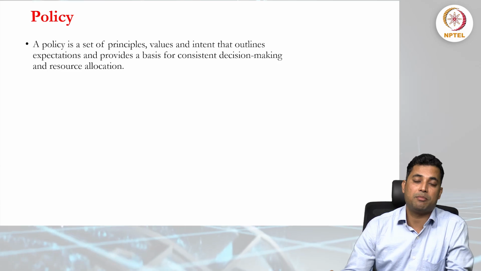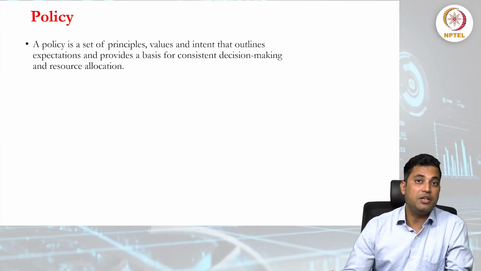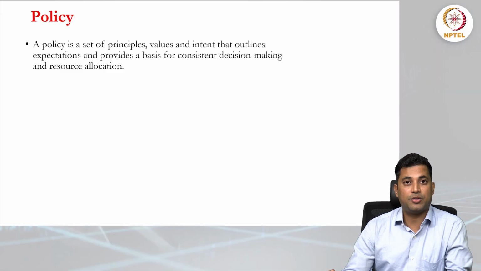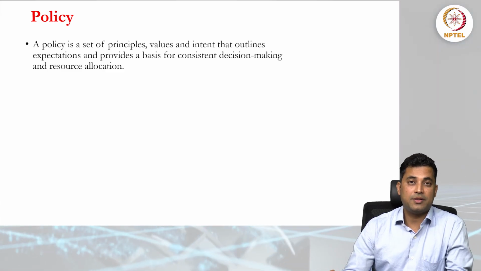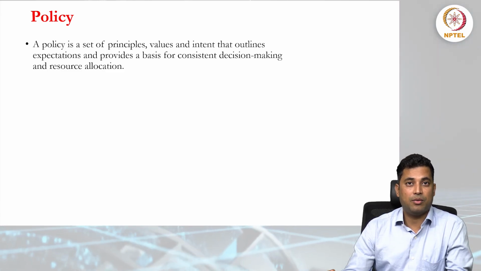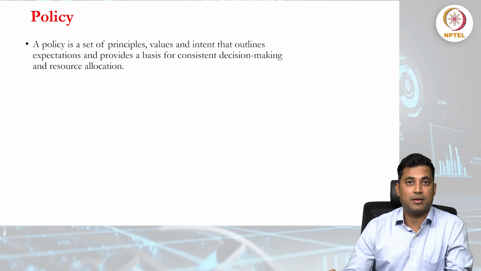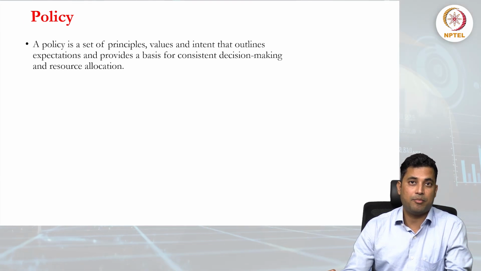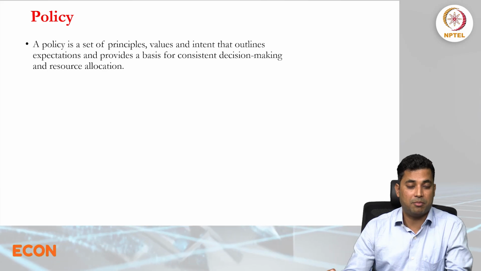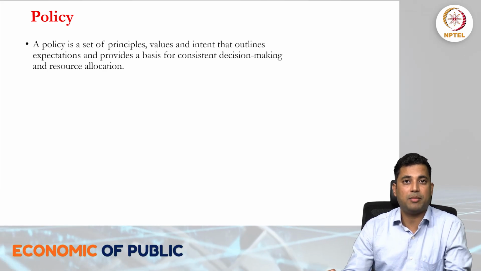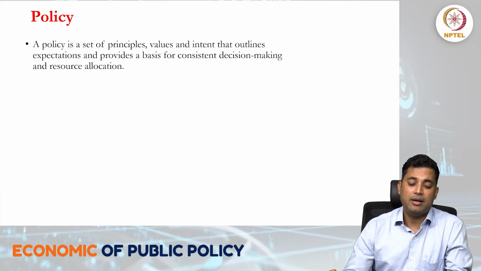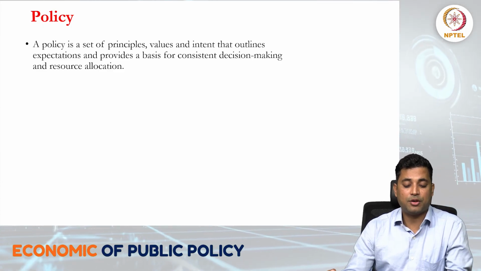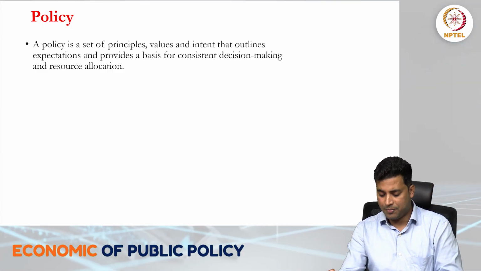For example, an individual can set a goal for his or her life. If somebody wants to increase time for writing or reading, that is a policy that a person has taken, so it can be considered a policy at the individual level. So definitely it is a set of principles and values.